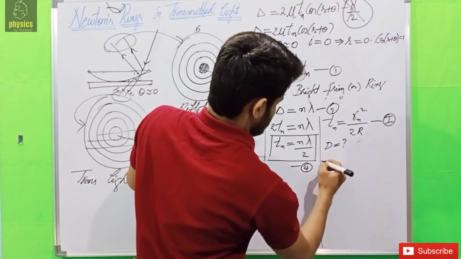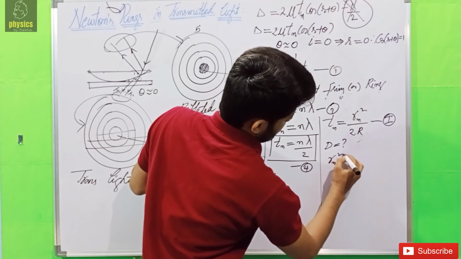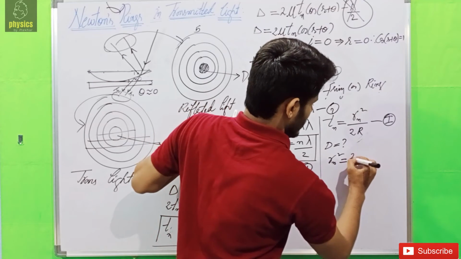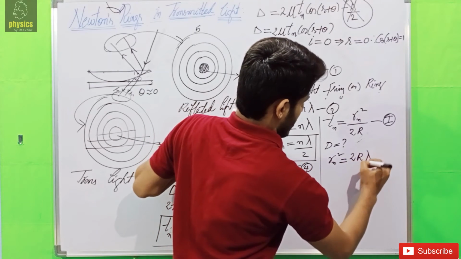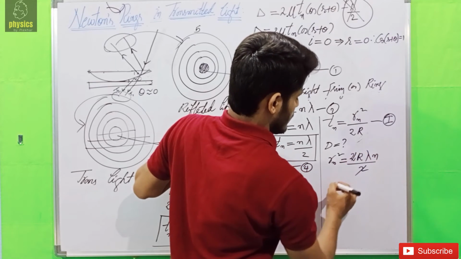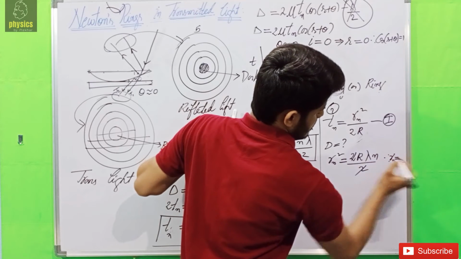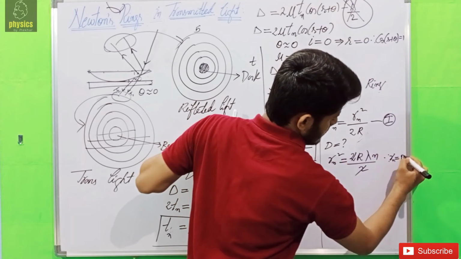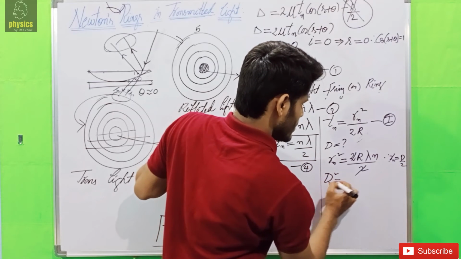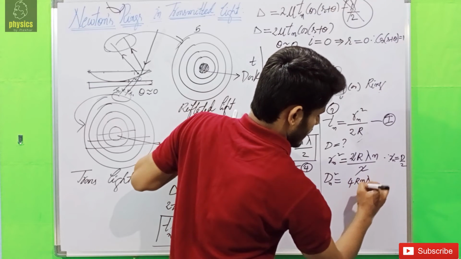Okay, so if I substitute the t in here, r sub n square is equal to 2R lambda by 2, this will be n over there, 2 will get cancelled, and we know that r sub n will be equal to D by 2. So D sub n square will be equal to 4R n lambda.